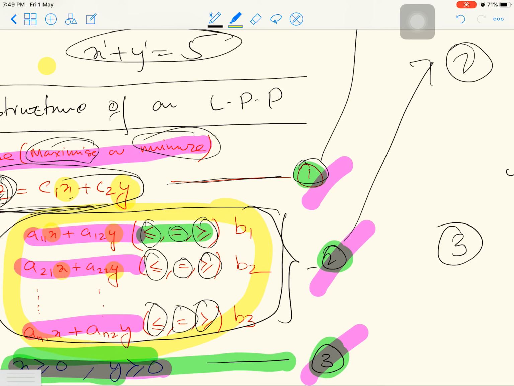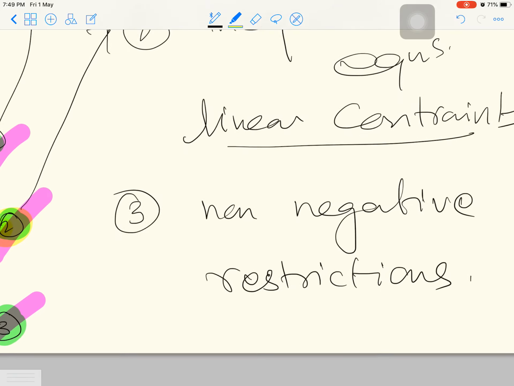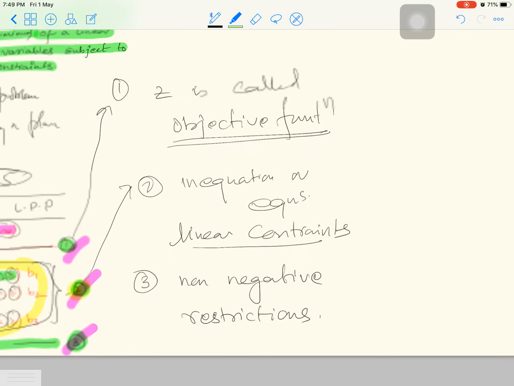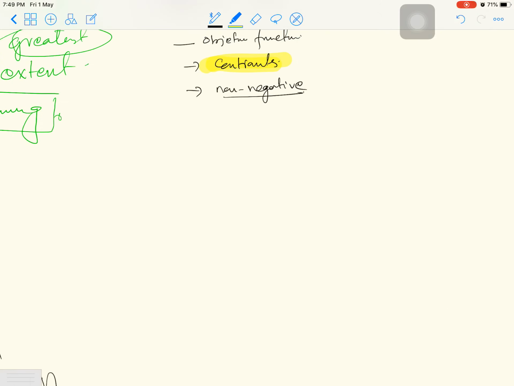Remember, our target or objective in a linear programming problem would be to optimize the objective function. So if you only find those values which will satisfy equation number 2, then that is not your answer. Feasible solution is not your actual answer.